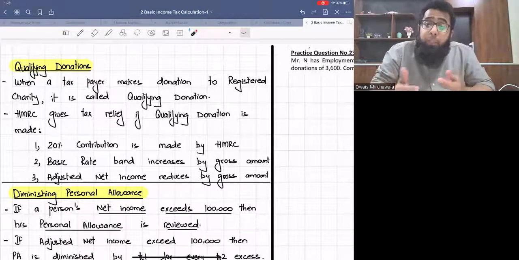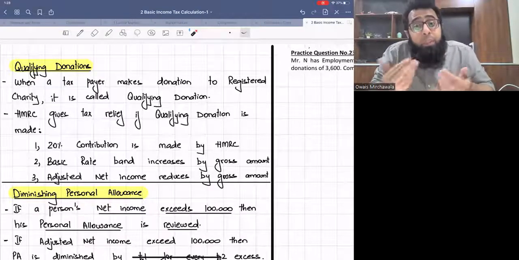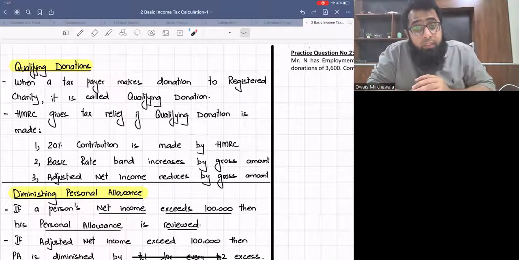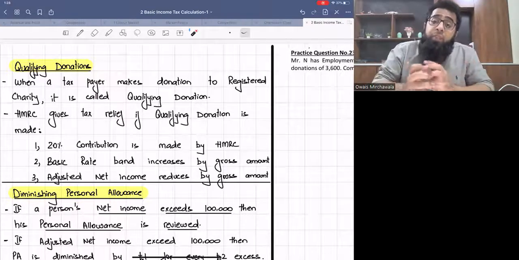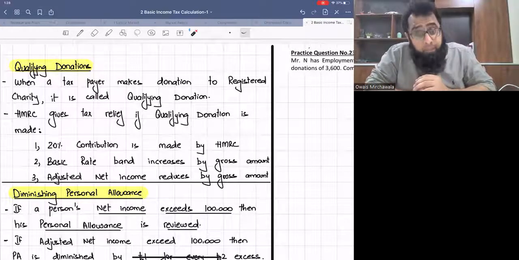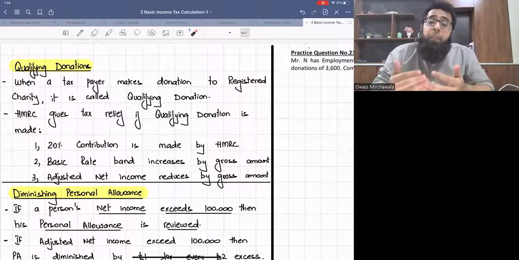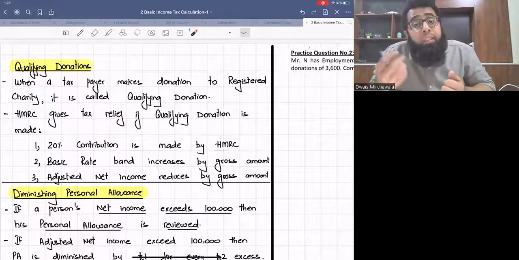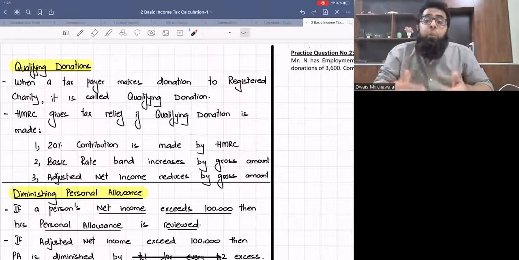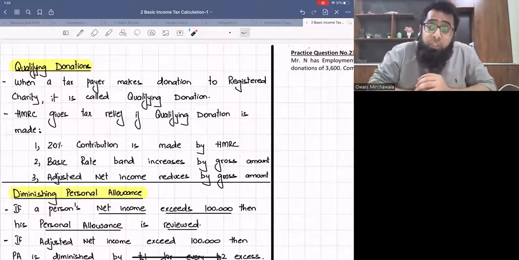Like every government, the UK tax department also encourages qualifying donations because it is favorable for the economy. So when a taxpayer makes a donation to a registered charity, we call it a qualifying donation.